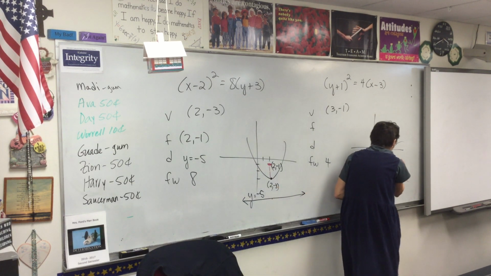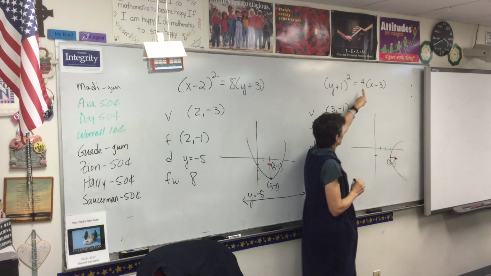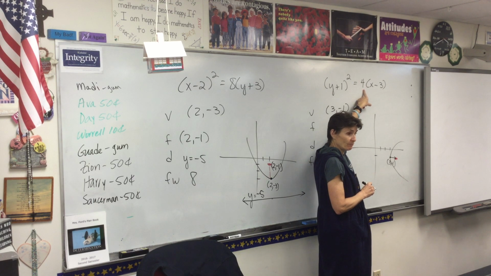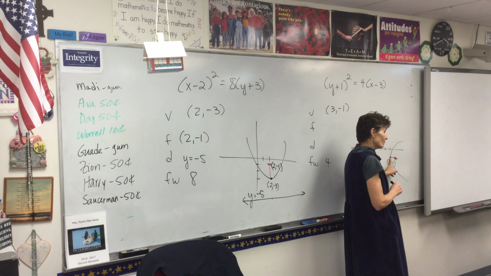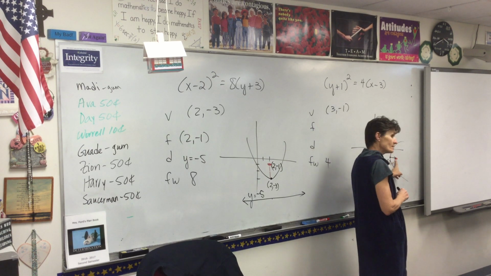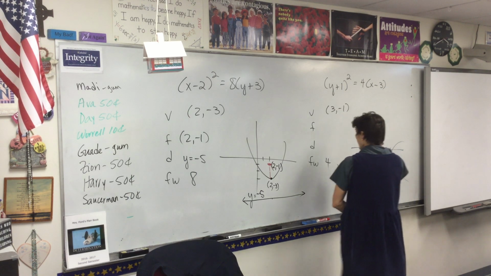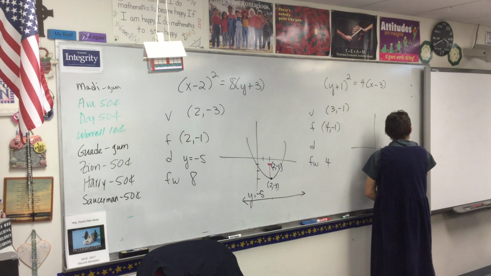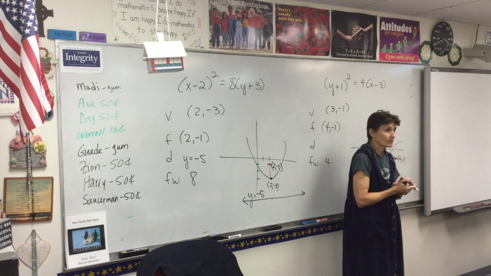But wait a minute. I know exactly what that point is if I know how far I have to go. It's just 1. I'm gonna go 1/4 of this number, and 1/4 of 4 is 1. So I'm gonna start right here, and I'm gonna take 1 step to the right. So where am I? 4, -1. So my focus is 4, -1, because I took 1 step to the right.